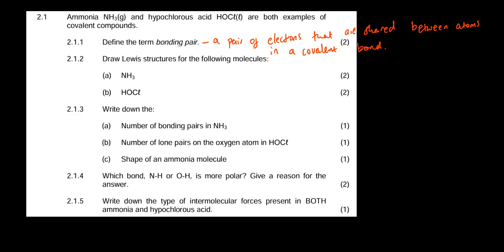That should be okay then. Is it okay with us? Yes, sir. Alright. Then now they need the Lewis structures for those molecules. So just as we remind ourselves, how many valence electrons does nitrogen have? I think it's five, sir.